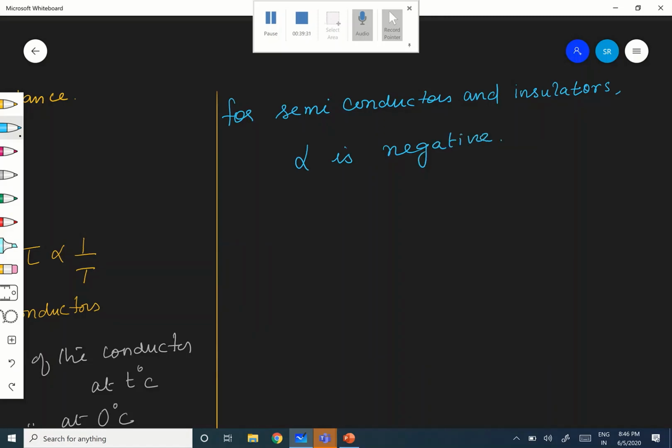Alpha is negative. Alpha means the temperature coefficient of resistance.